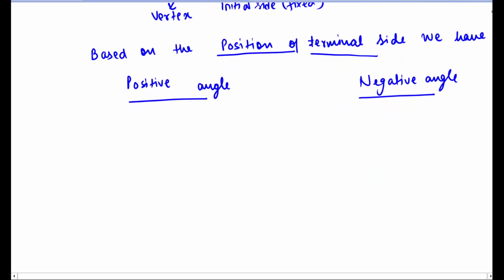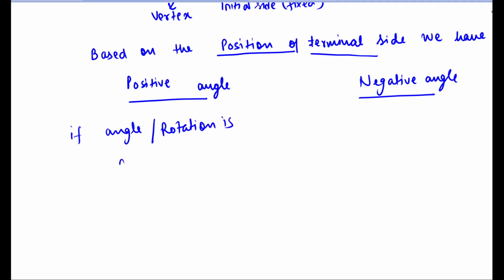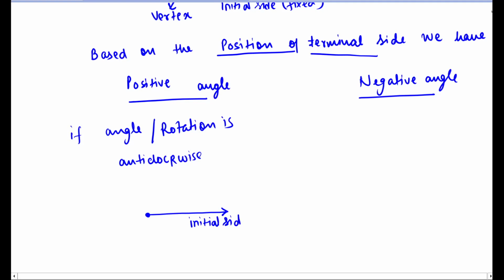So if the angle, or we can say rotation, is anti-clockwise, that means this is a vertex, this is the initial side, and if we rotate this initial side anti-clockwise, we get a terminal side.